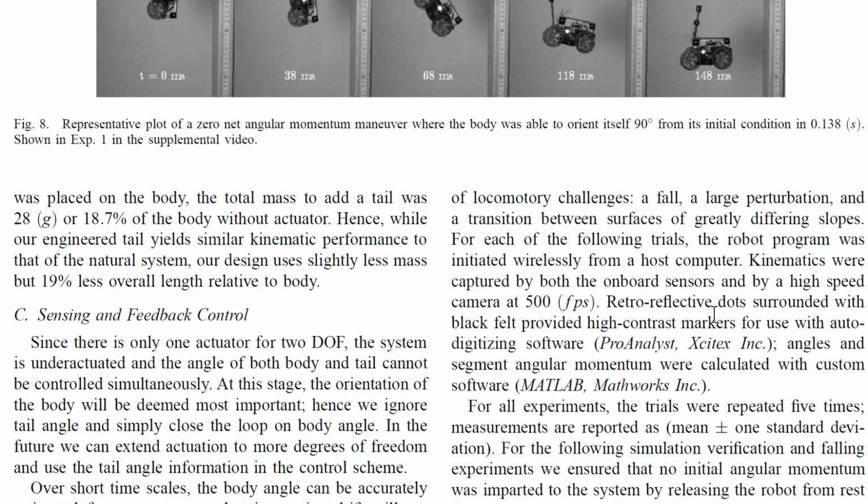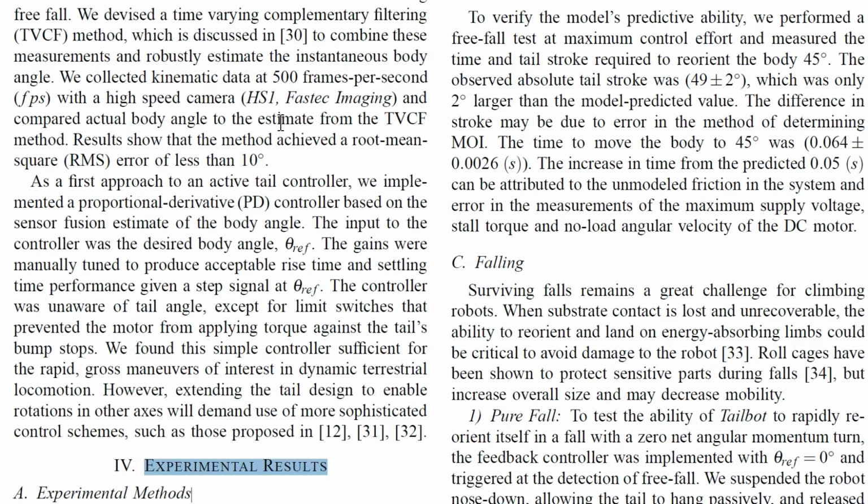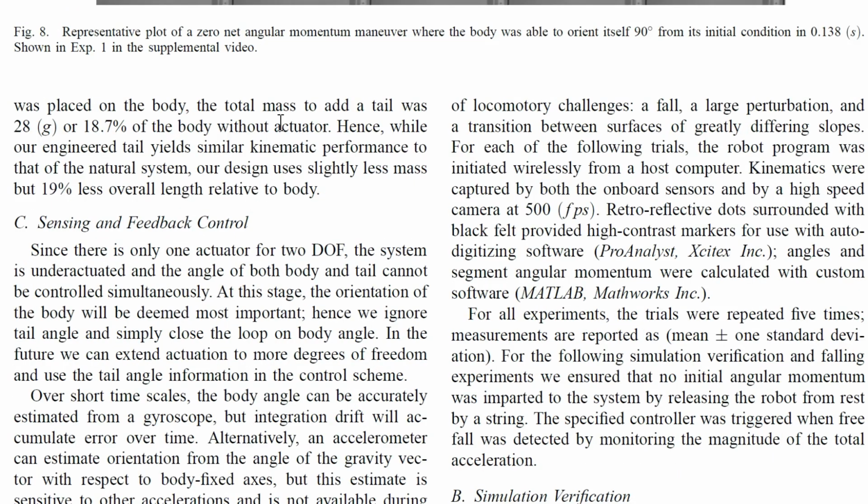Then let's go to the results section here. So it is titled Experimental Results, and here the method and results are all subheadings under the results section. So they have the experimental methods section, and it's very short. I think just a paragraph, two paragraphs long.